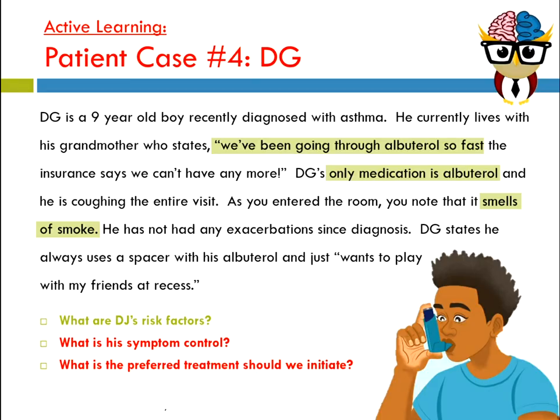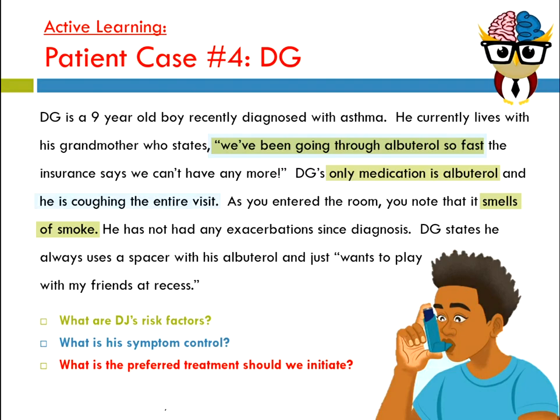Okay? What is the symptom control? What is that based on? The 4 questions. Okay? So he's been going through albuterol so fast, which means he's using it not necessarily just for exercise. So we can check question 3, I believe, that says multiple uses of inhaler throughout the week, something like that. Okay?